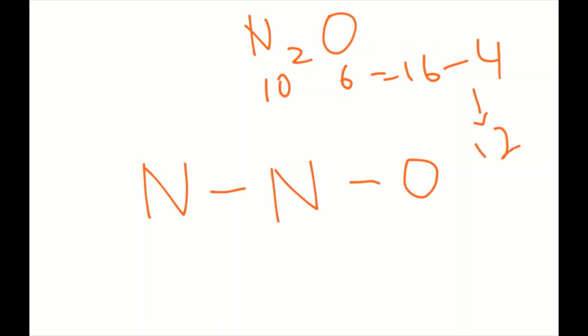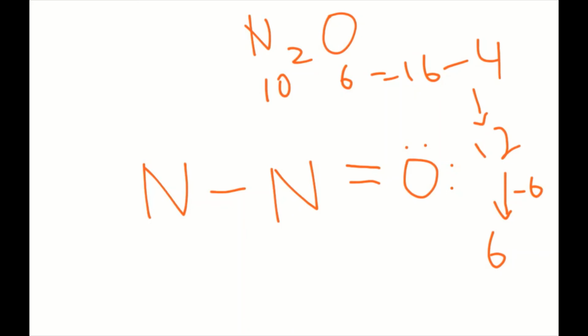So how about this? Let's fill the octet for oxygen first, since oxygen is the more electronegative atom. So I'm going to put a bond there, and I'm going to put 4 non-bonding electrons. So that's -6, and we have 6 valence electrons left to play around with. So how do we do this?